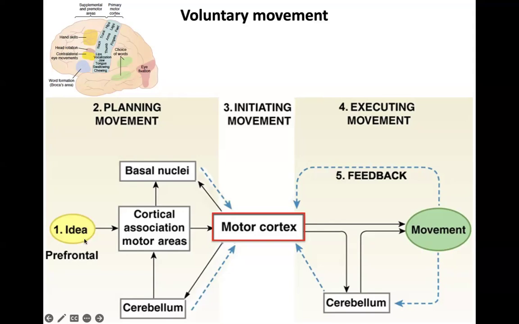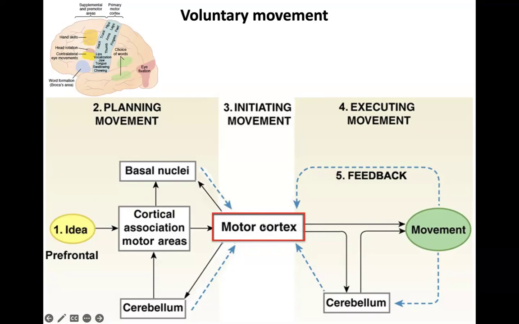And then there's an area that is involved with planning the movement. And this is very interesting because the actual movement is controlled, it's starting in the motor cortex, right? So there is a set of neurons in the motor cortex that will send the axon down to the spinal cord and then the muscle, right?